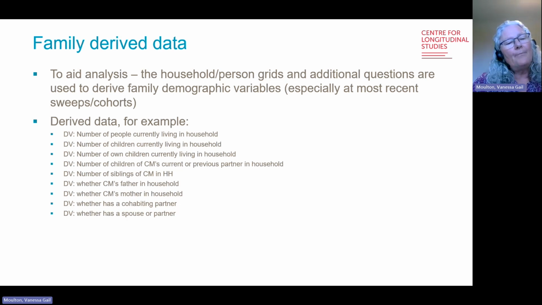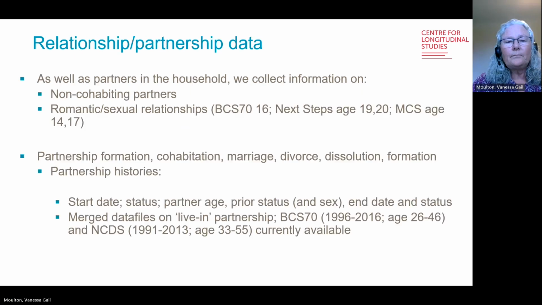The types of derived data available are things like number of people currently living in the household, children currently living, whether they are their own children, children of the cohort member's current or previous partner, number of siblings, whether the cohort member's father lives in the household, whether the cohort member's mother lives in the household, etc. So there are lots of derived family variables.